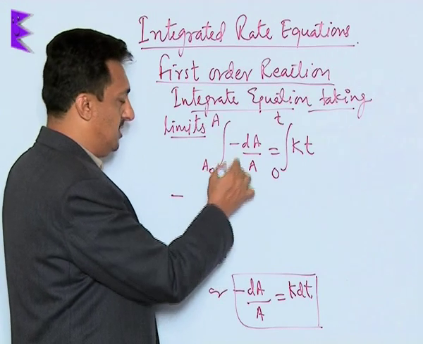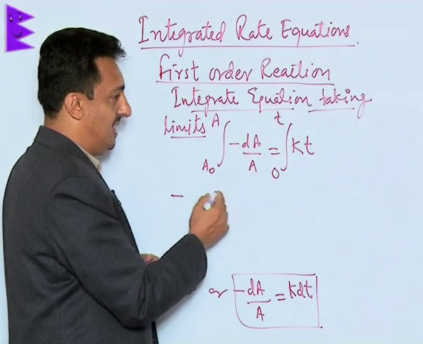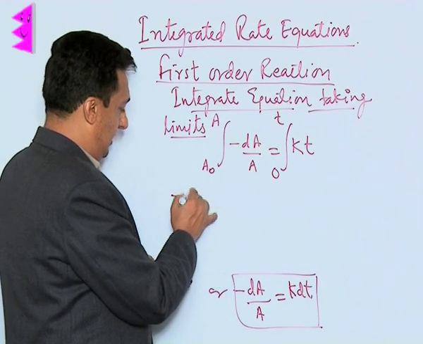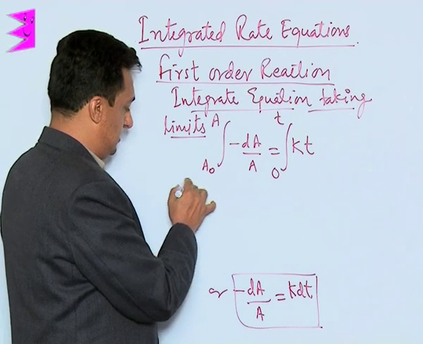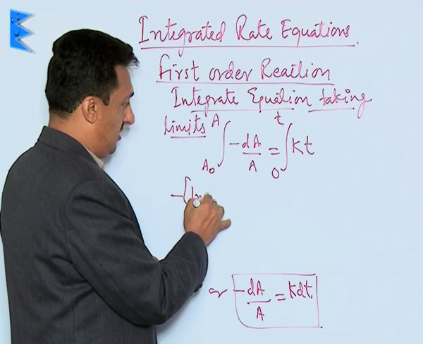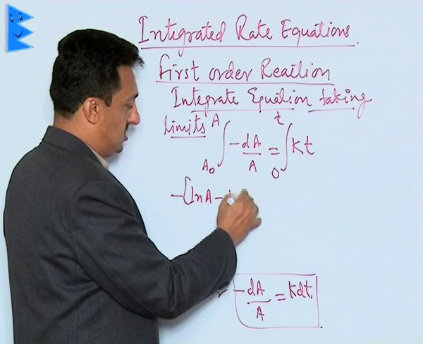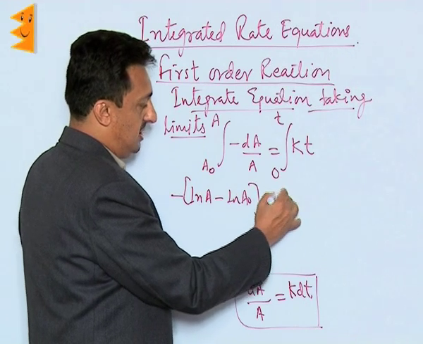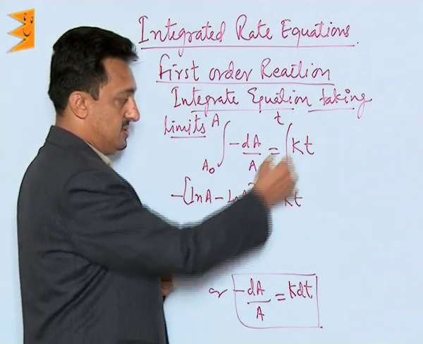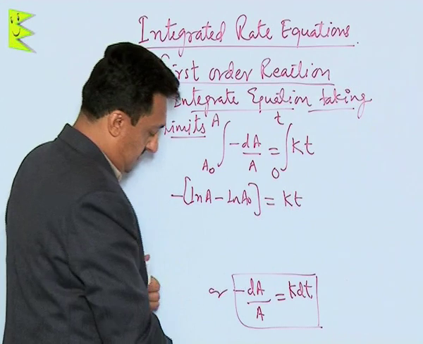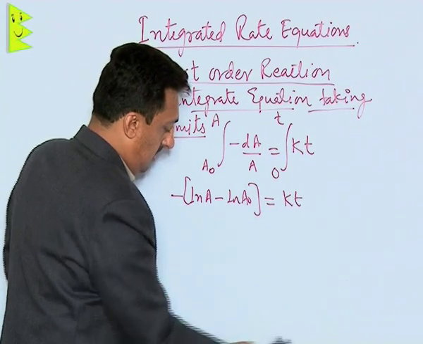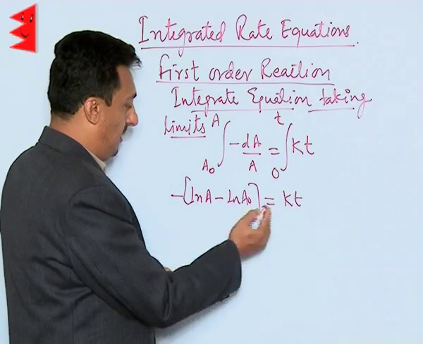So we know the integration of dA by A is natural log A. So this is minus natural log of A minus natural log of A naught is equal to Kt, because the other will become 0. Now we can open this up.